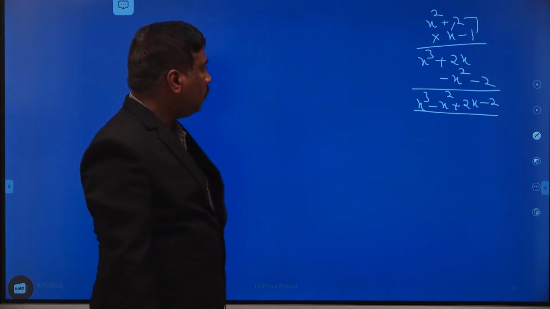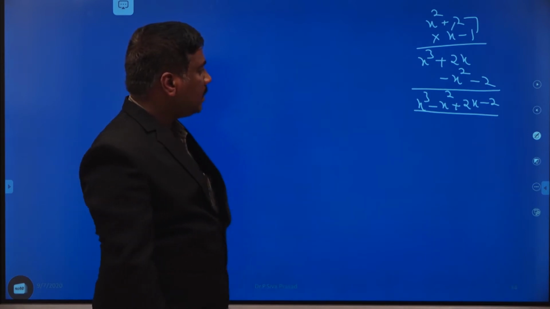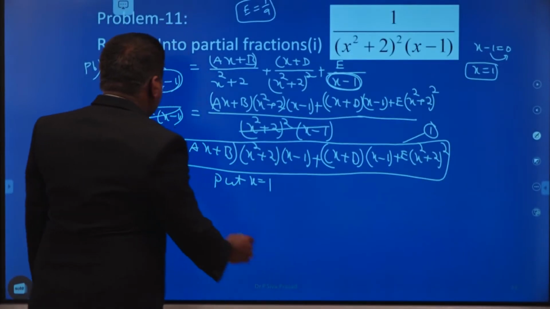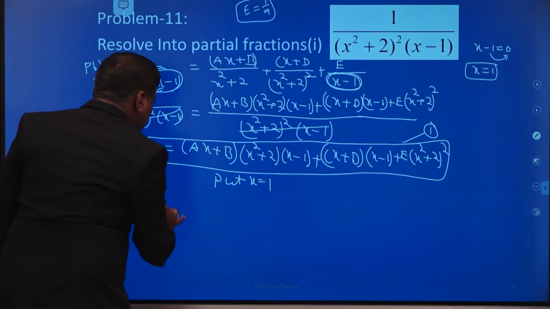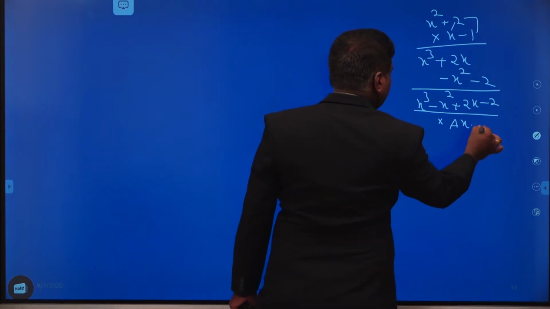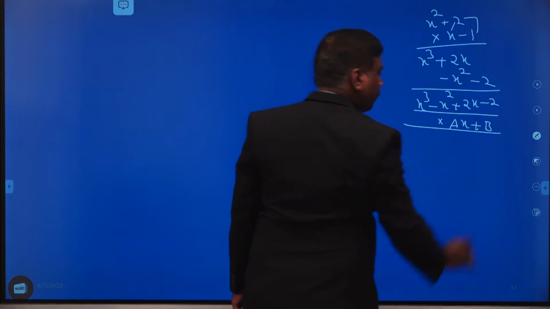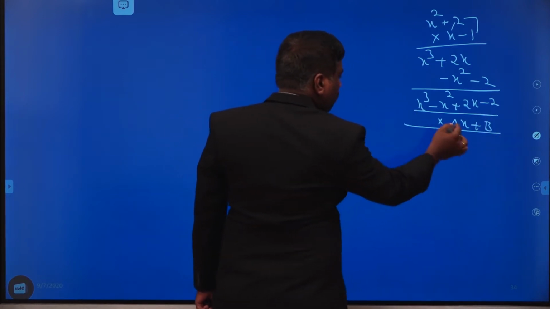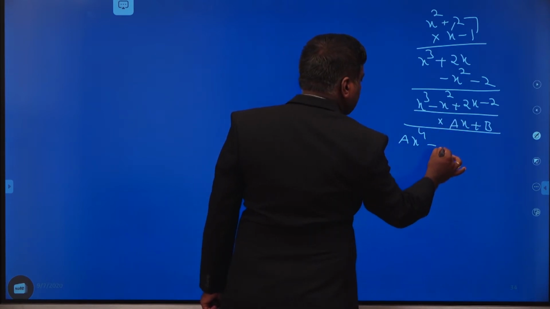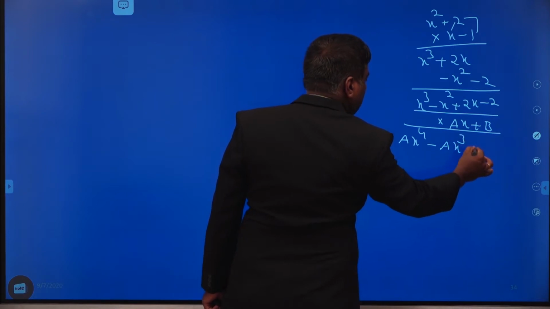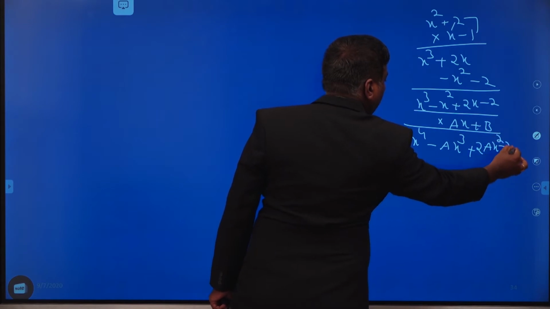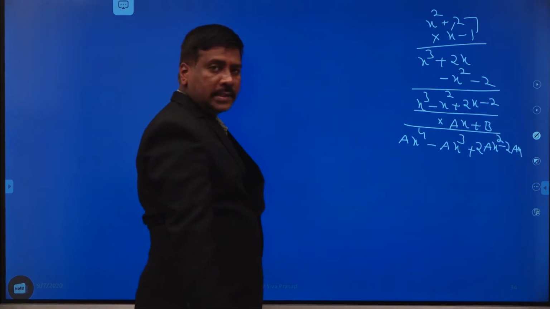After multiplying these two algebraic factors, we get this relation: x cube minus x square plus 2x minus 2. Now, in place of this, I have to multiply again with ax plus b. Then x cube into ax is ax to the power of 4, minus x square into ax is minus ax cube, plus 2 into ax is 2ax square, minus 2ax.